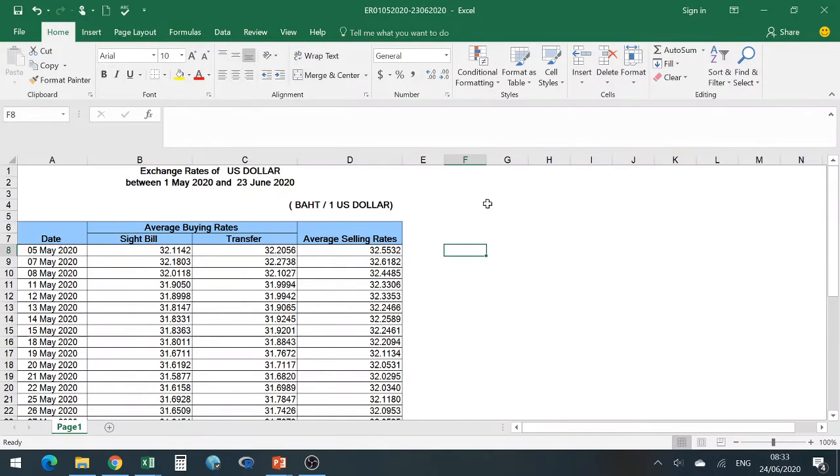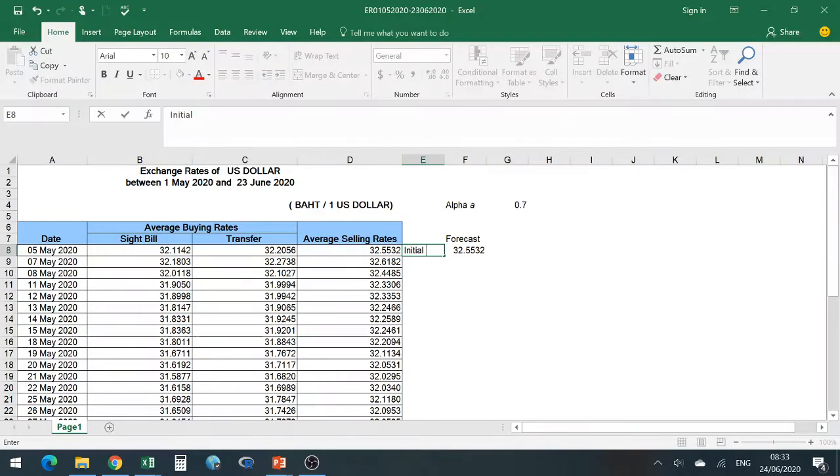First, we decide what the alpha will be. Put alpha here, and alpha is equal to, let's use 0.7. Then comes the forecast. For the first one, you need an actual number, so this is going to be the initial number.